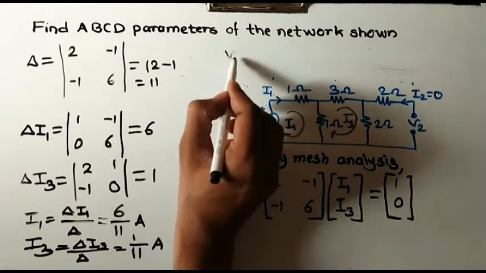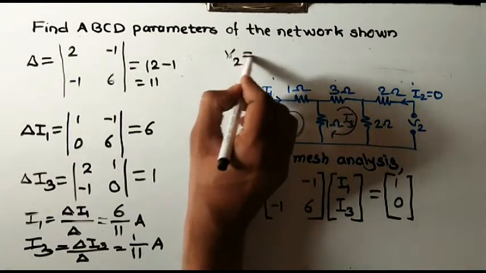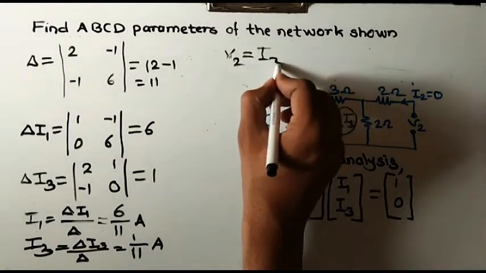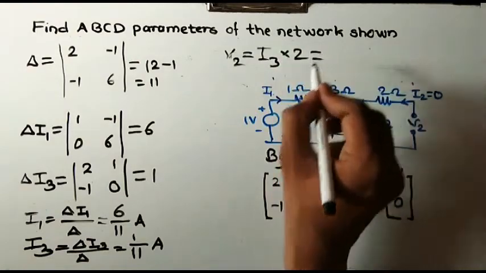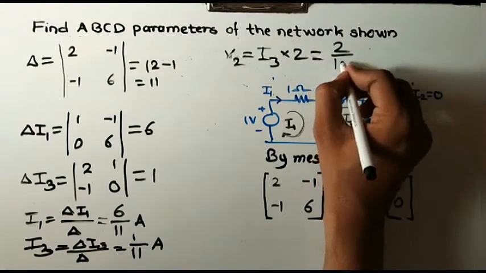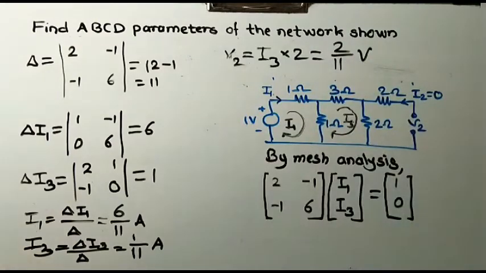So voltage V2 will be equal to the current flowing, I3, multiplied by the 2 ohm resistance. So 2 upon 11 is the voltage V2.